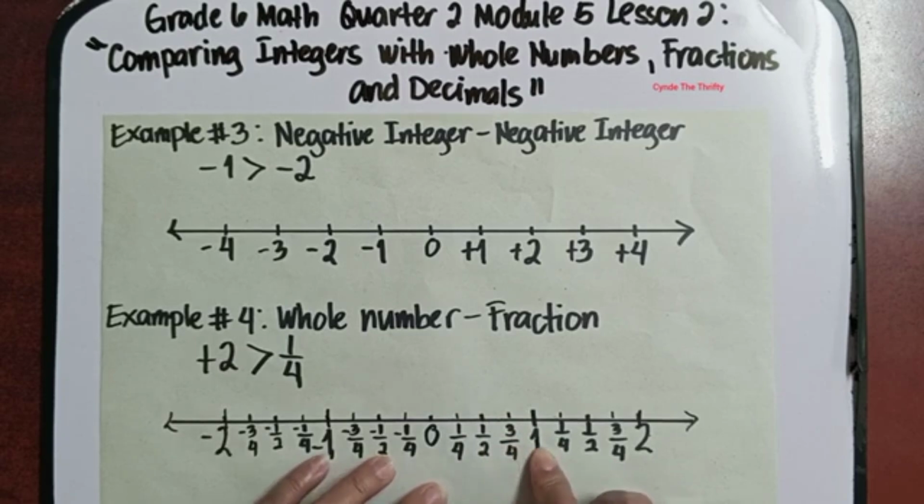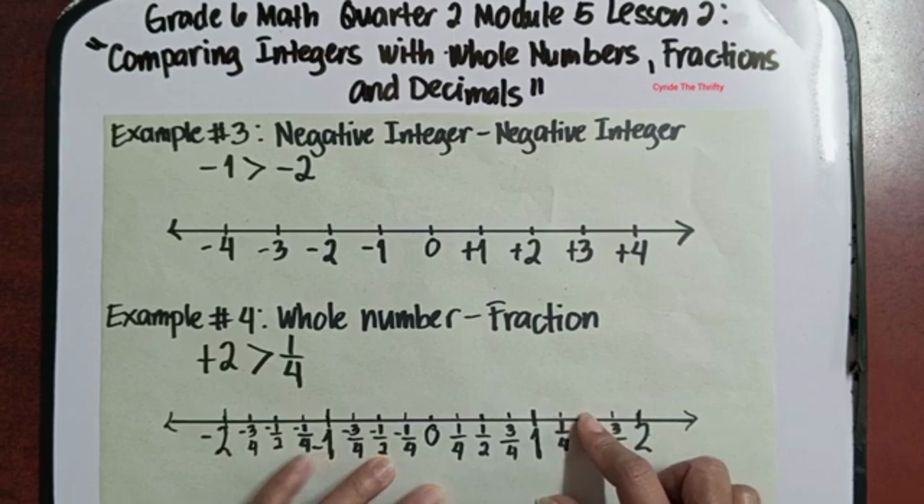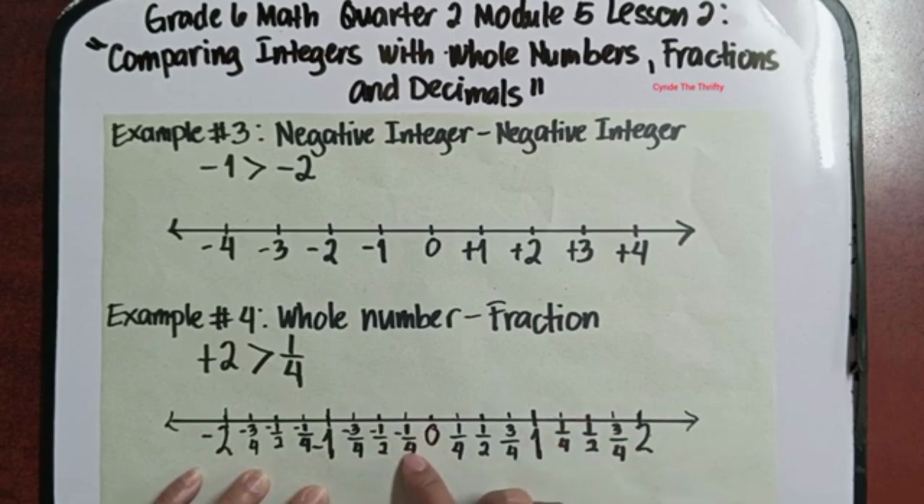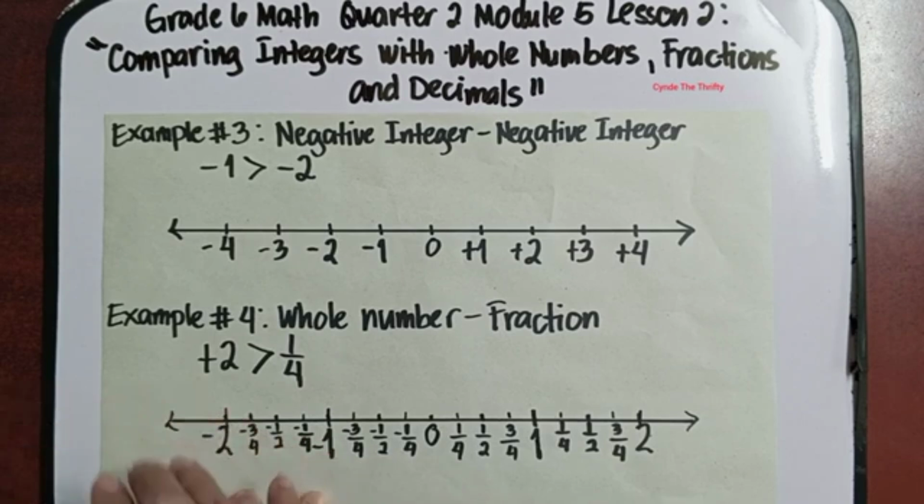After 1 is 1 and 1/4, 1 and 1/2, 1 and 3/4, then 2. And then so on and so forth. Here in the negative side, negative 1/4, negative 1/2, negative 3/4, and then negative 1. Negative 1 and 1/4, negative 1 and 1/2, negative 1 and 3/4, then negative 2. And if you continue, you just add 1/4, 1/2, 3/4.